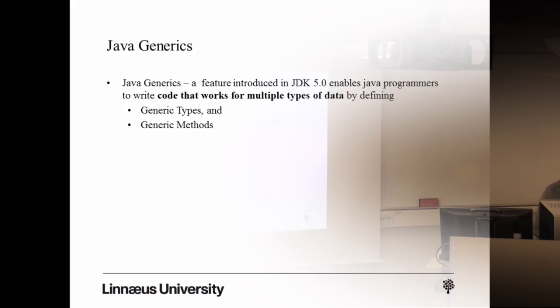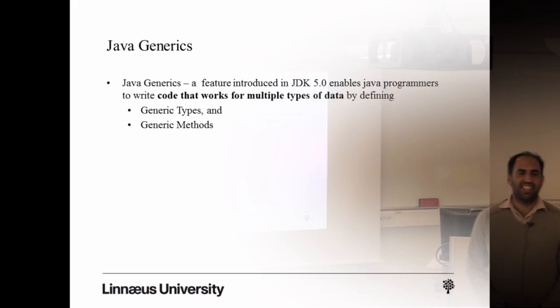So can someone tell me about Java generics? Do you know already? Any one of you? Sorry, can you speak a bit louder? In generics, you specifically define the type of the object. Uh-huh. So if you want to make an array of integers, you specifically define it as integers, then it can only take integers.